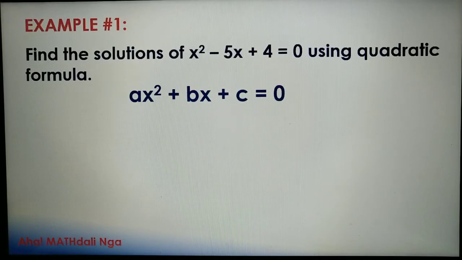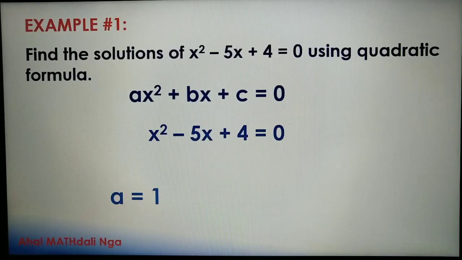Make sure that this equation must be in standard form: ax squared plus bx plus c equals 0. Since the given quadratic equation is already written in standard form, we can easily determine the values of a, b, and c, and we will use the quadratic formula.